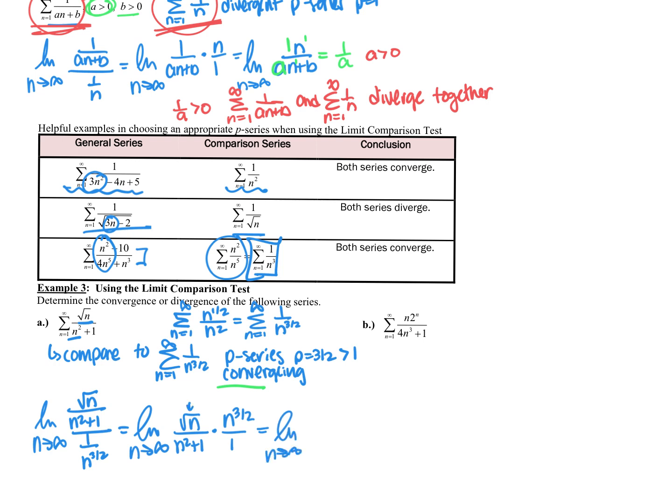This will be n to the 1/2, so 1/2 plus 3 halves is 4 halves, or n squared. And then this will be 1 times n squared, so n squared plus 1.